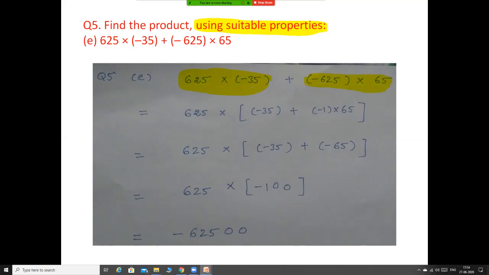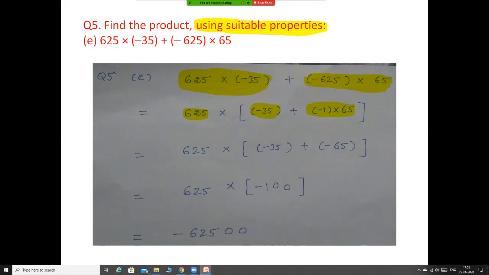So first of all, minus 625 is here. This is plus 625. So let us take 625 common. So what is left in the first term? This is minus 35. In the next term, 65 is here, but because we have just taken 625 common, it was minus 625. So minus 1 is also there. Minus 1 into 65 taking together.